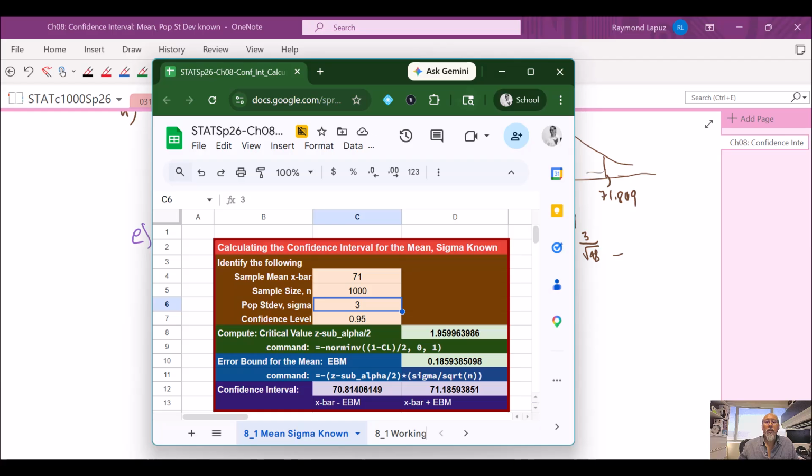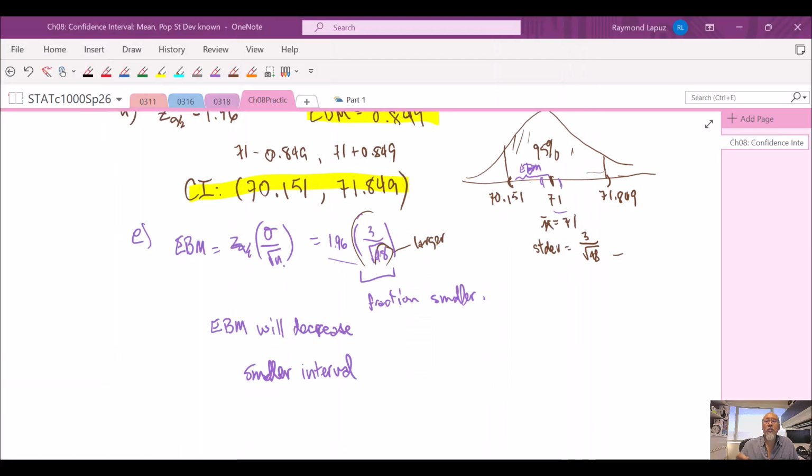So it looks like that interval got a lot smaller. 71.8 is a lot closer to 71, and 71.1 is closer. Sorry, that got a little bit messy, but that's what happens. We get a smaller interval.